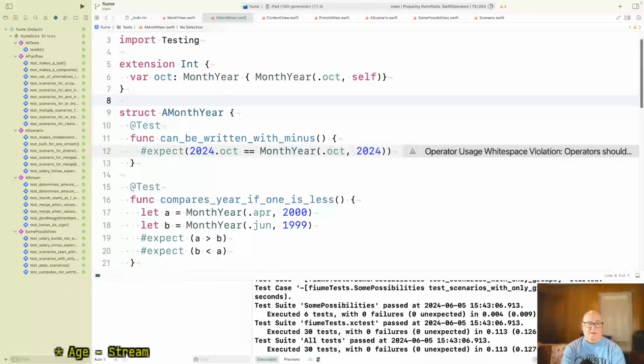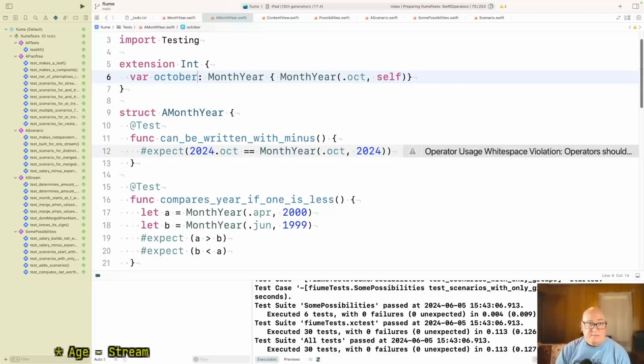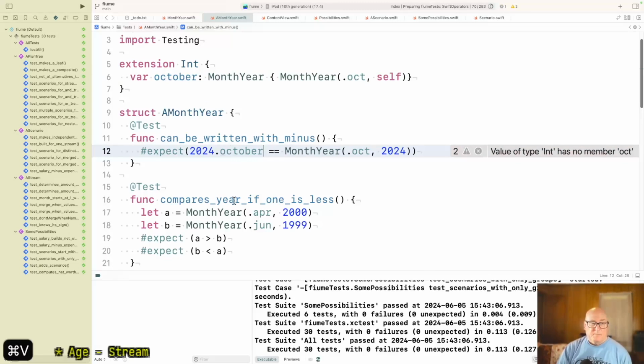I know the short name kind of works against it, but these are independent names. I don't know. That's not so bad.